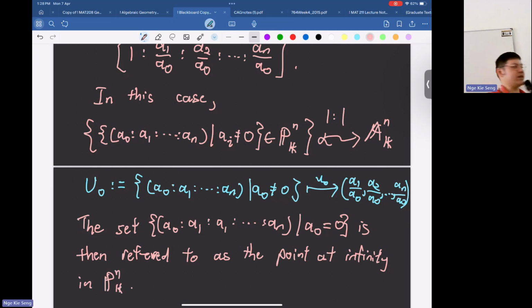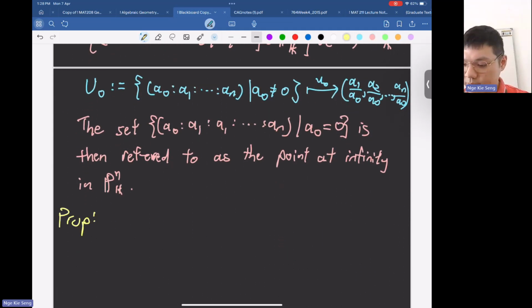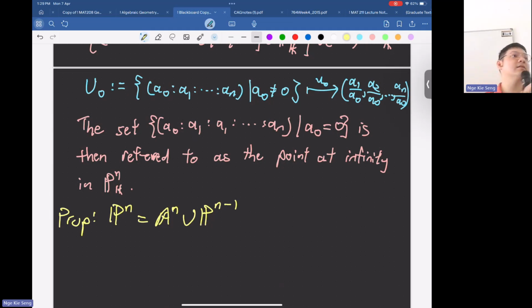You can see that this is not restricted to U0; you can do it for different Ai. It's the same. But this has a very interesting consequence: we can split Pn into An union a smaller projective space.